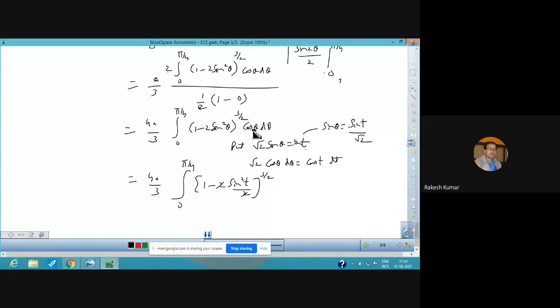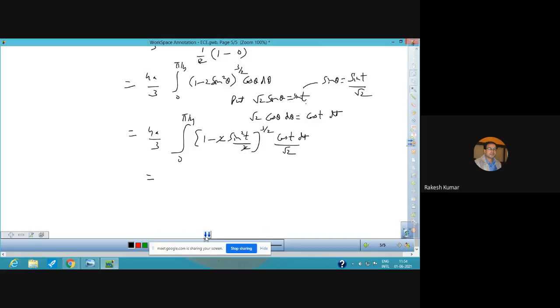You can find out the value of cos theta d theta, that is cos of t dt upon square root 2. So the constant can be taken out. So 4a by 3 square root 2, and that is 0 to pi by 4. 1 minus sine square is cos square, and the square will be cancelled with this. So cos cube into cos is cos of 4t dt.